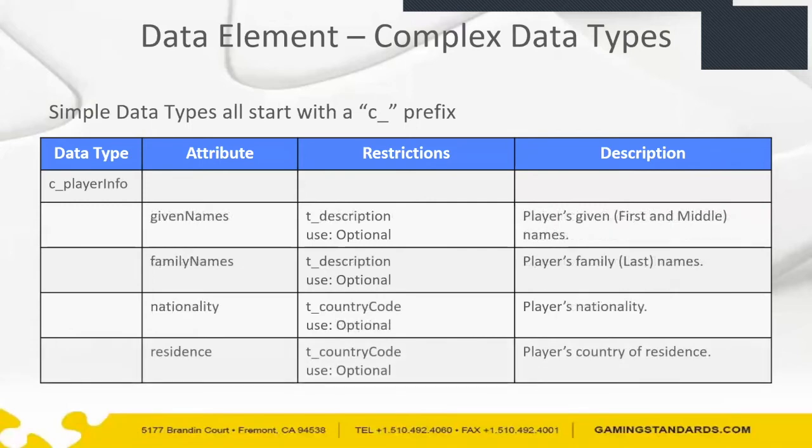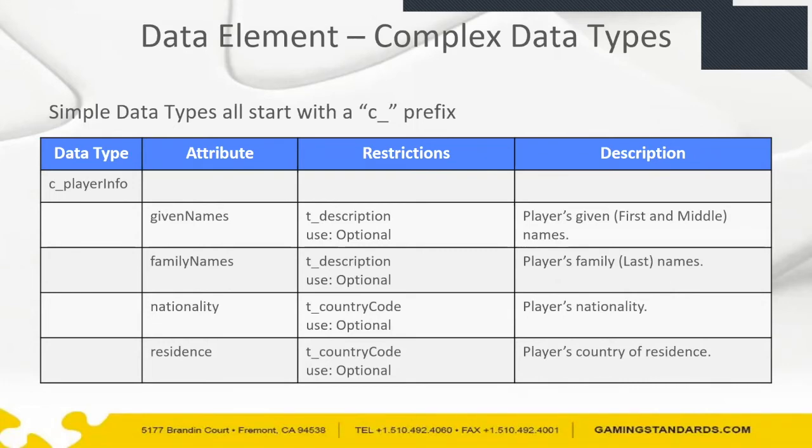I'll give you another example of a complex data type. This is getting into more detail about a player and is called C underscore player info. And here we have information such as given names, family names, nationality, residence, and there's a whole bunch of other attributes that comprise C underscore player info.